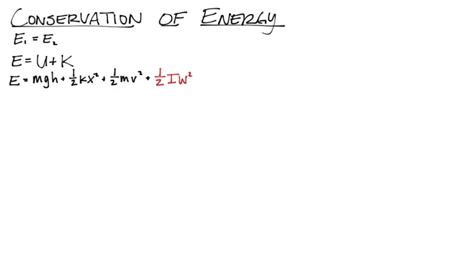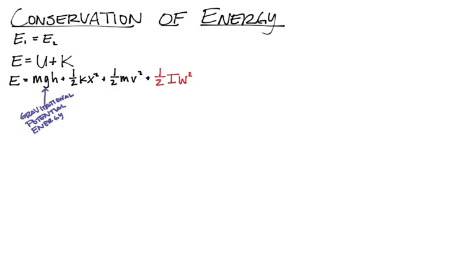It's 1/2 I omega squared. We use I for rotational inertia. We use mass for linear inertia. So, there are different times when these things are appropriate to use, and there are times when it's not appropriate to use. So, mgh is our gravitational potential energy. We use this if an object is changing heights. If its height doesn't change, its gravitational potential energy doesn't change, and I don't need to put it here.